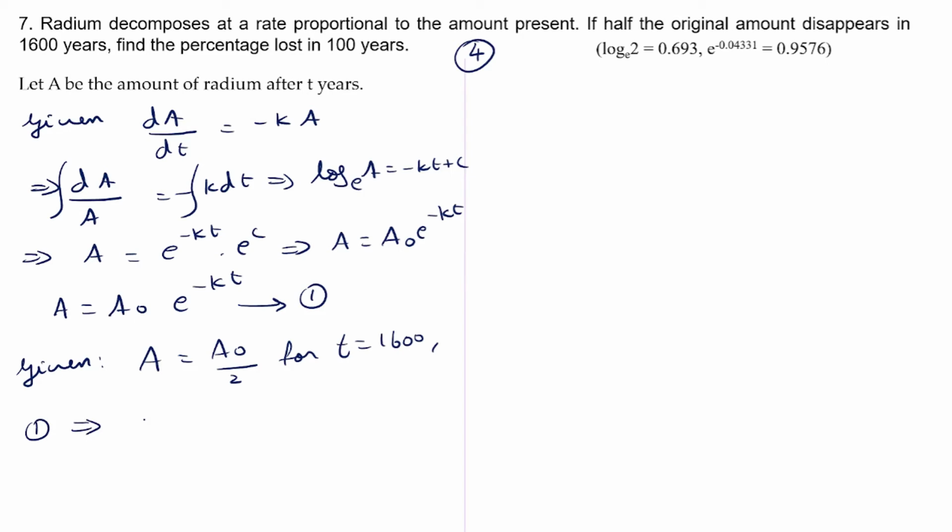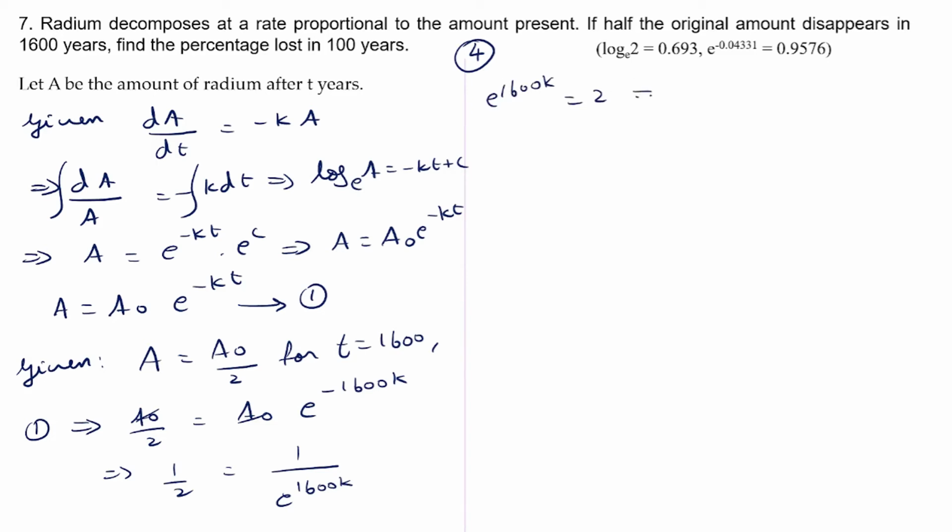This implies A naught by 2 equal to A naught into e raised to minus 1600 k. Or half is equal to 1 by e raised to 1600 k. When we cross multiply, e raised to 1600 k equal to 2. If we take log on both sides, 1600 k equal to log 2 to the base e.